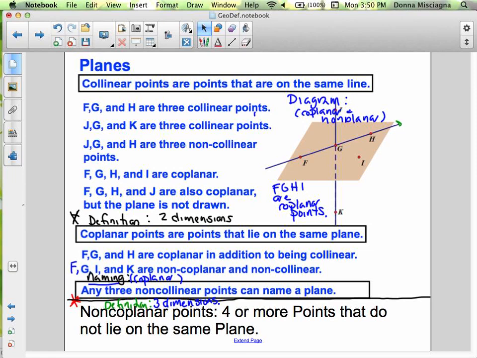So let's add to our diagram here. We'll use the same diagram, so you don't have to draw it twice, just draw it once, and you can have it overlap. You can draw it bigger now. So F, G, H, and I are coplanar points. F, G, I, and K are non-coplanar points.